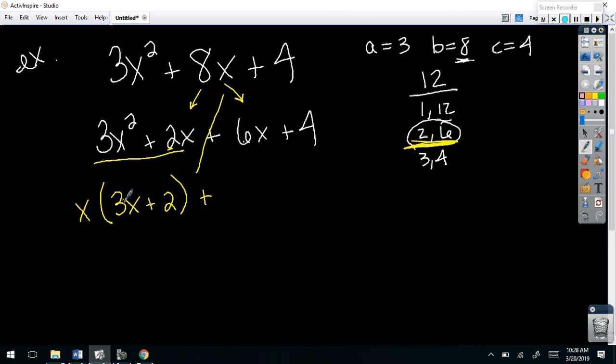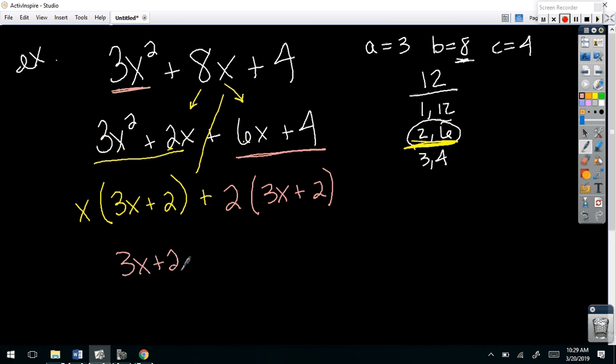Well, this one started with 3x squared. So listen. You take an x from that 3x squared. So we do it again. Now that's going to be 2. Yeah, plus 3x. Parentheses 3x plus 2. And put 2x plus x. All right.